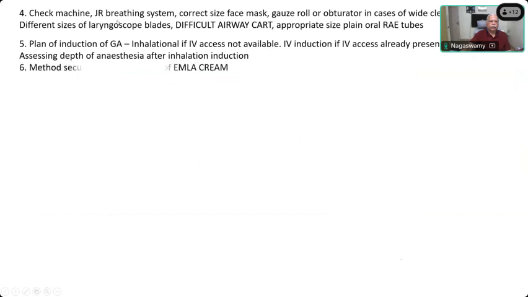Okay, right then. Methods of securing IV access, use of EMLA cream. Questions may be asked on EMLA cream. What is EMLA cream? Eutectic mixture of local anesthetics, prilocaine and lignocaine, 2.5% each. Okay. So how do you apply that? It should be applied half an hour to 45 minutes prior to cannulation.